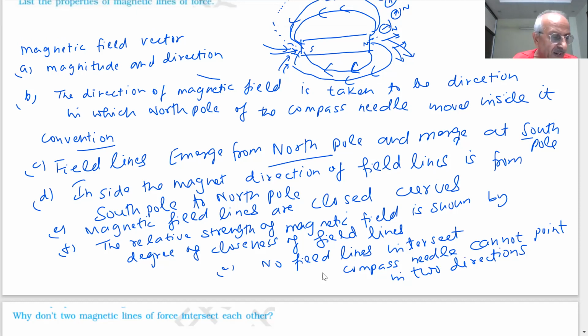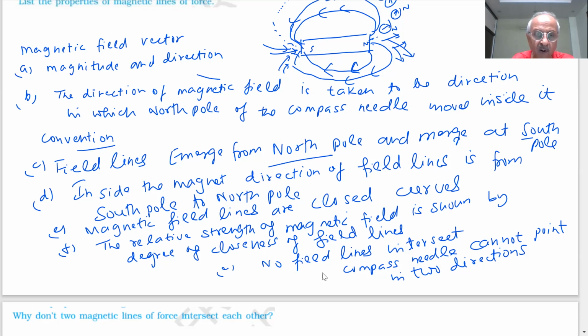Therefore, it becomes absolutely clear that if I have a bar magnet, I can perform this physical activity easily. But we will see the magnitude and direction, how the field lines are coming from north and merging at the south.